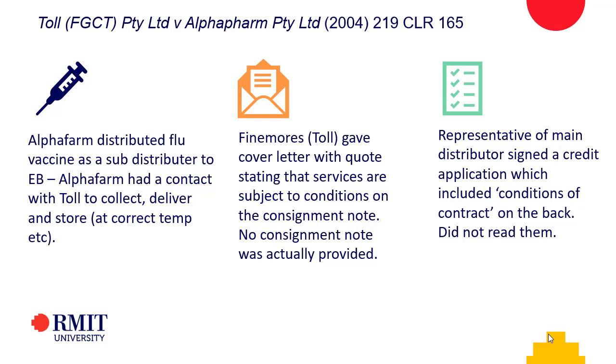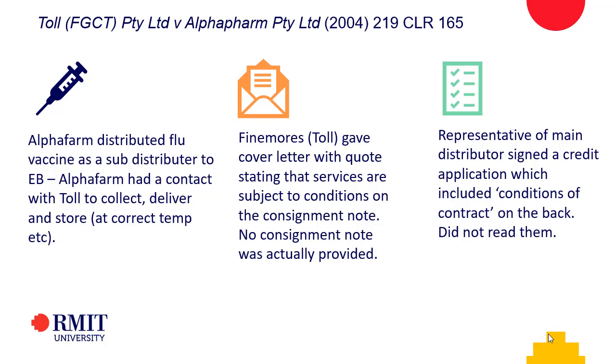So in other words, you'll do the stuff before we pay for it. And there are terms and conditions that are on the back of that. So we've got now 3 documents: a quote, consignment note, and this credit application form. And all of them together have different terms and conditions, and all of them are prepared by Toll or Fine-Moores.